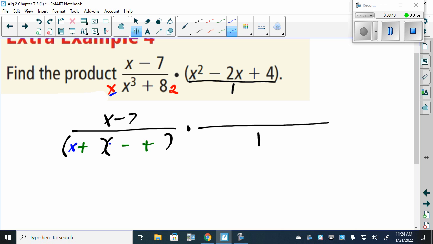This here would be x squared, x, and nothing in the last part. Our other number is 2. The middle term would be really 2 times x, which would be our 2x. And the last one is 2 squared, which is 4, which will match up with our x squared minus 2x plus 4. So those would be the exact same.